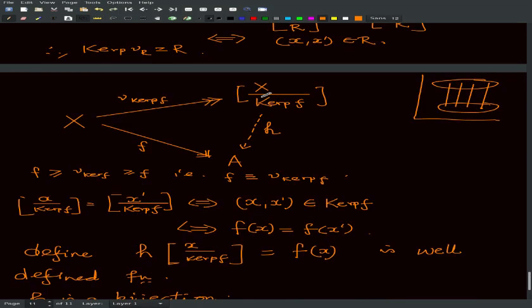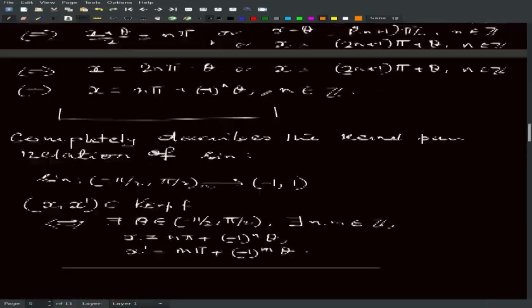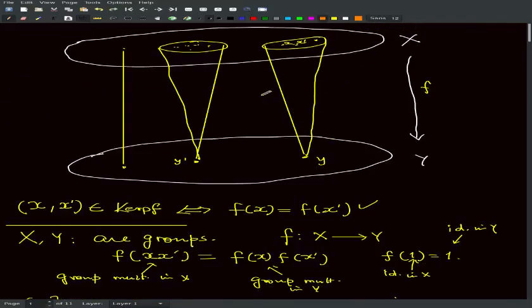If you go back, this is the kind of picture, right? The factor set had this one in this example. This is one element, this is another element, this is another element. So this was a y.